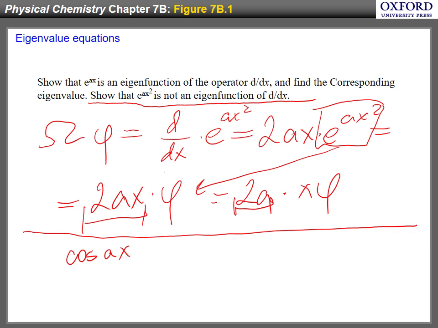Would this be an eigenfunction of d/dx or d squared/dx squared? Please write it out and send it to me as the assignment for this lecture. All right, that's that. Let's move forward.